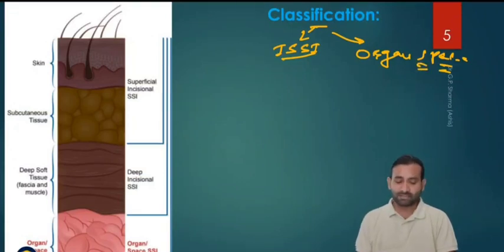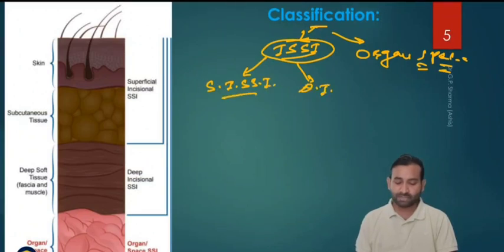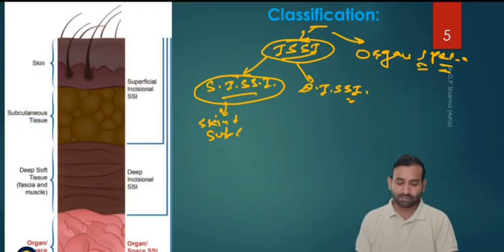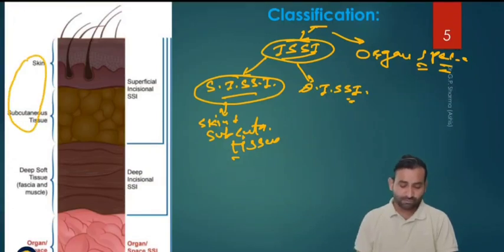Incisional surgical site infections we divide into 2 categories: superficial incisional surgical site infection or deep incisional surgical site infection. So hope you understand, right? Superficial incisional surgical site infection involves the skin plus subcutaneous tissue, right? Skin plus subcutaneous tissue. If these two are involved, then we say what? Superficial incisional surgical site infection.